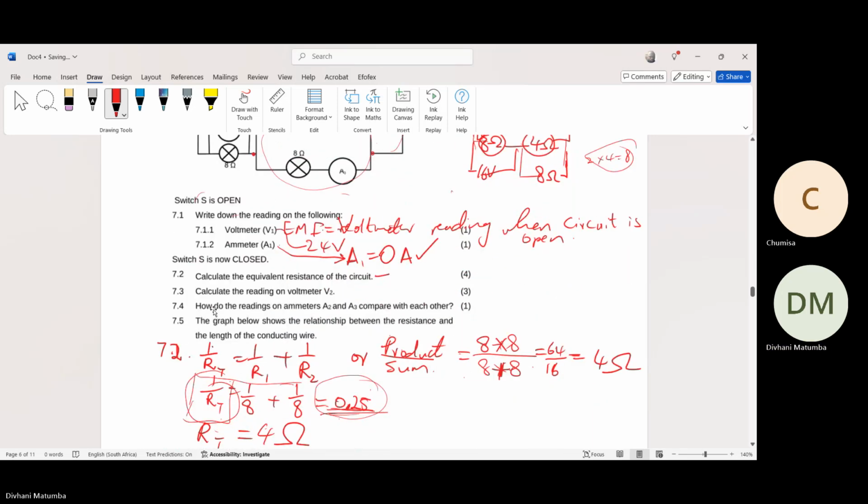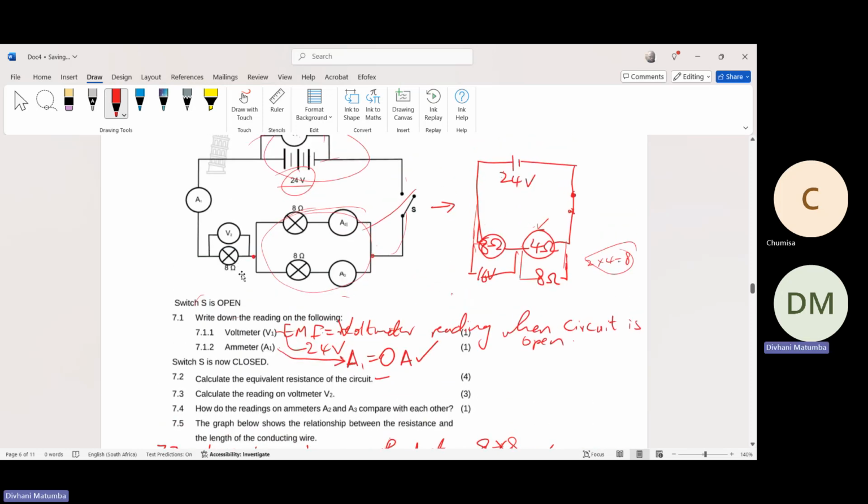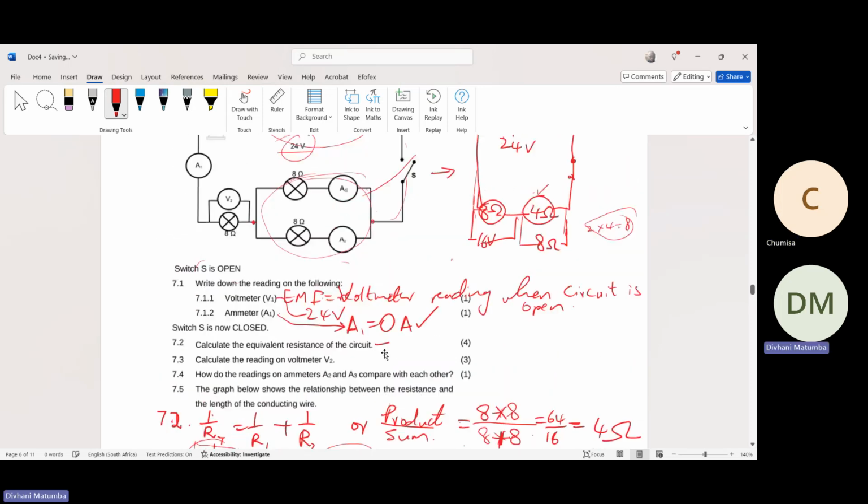How do the readings of ammeters A2 and A3 compare with each other? A2 and A3, how are the readings compared? I think it's because they're in parallel. Yes.